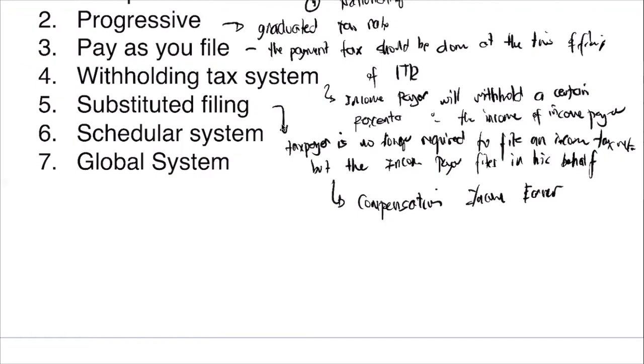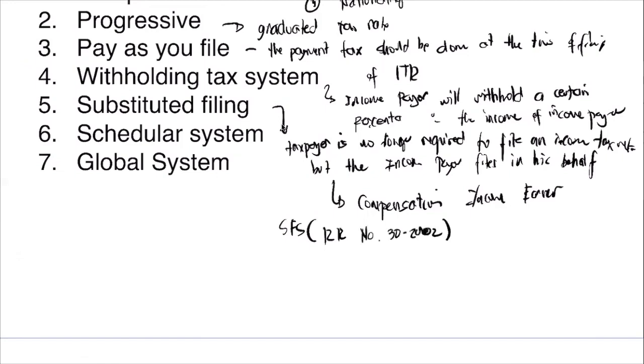Ito yung mga kumikita dahil nagtatrabaho sila, dahil meron silang service na binigay. These are in the form of compensation. So this substituted filing system is provided by Revenue Regulation 30-2002. So this was enacted in the year 2002.